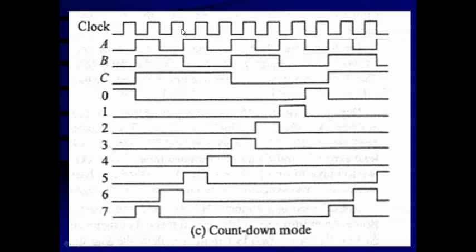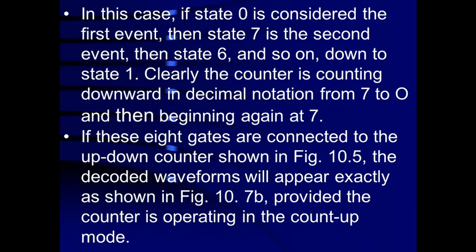And because it is operating in countdown mode, and the decoding gates are connected the same way, you will see that the waveforms result in this fashion. You can utilize this waveform in the same way, in strictly time sequence, and hence it can be utilized for control signals in any digital system.